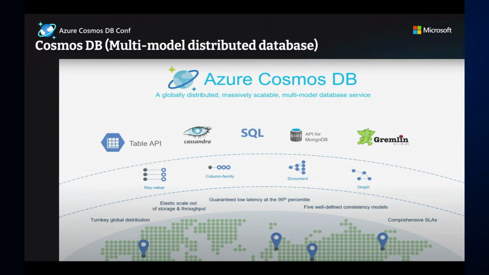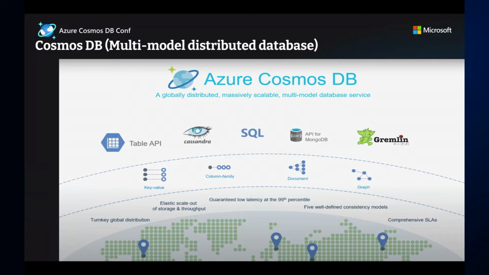NoSQL databases are usually divided into four families: key value, column family, document DB, and the graph. And more importantly, Cosmos DB supports all of those four. We have another layer on top of it, an interface layer. So Gremlin API is used to interface with the graph database model. For document DB, we have SQL API, that's the native API, and the Mongo API.